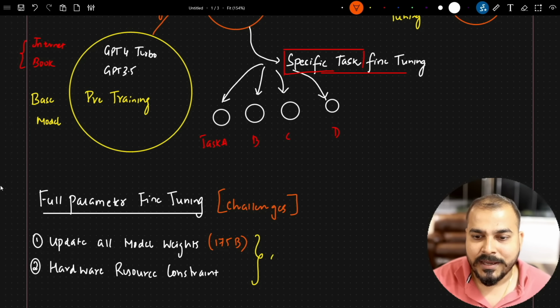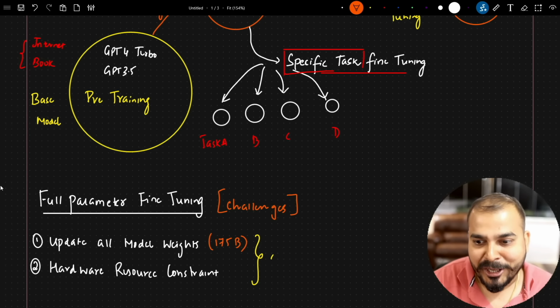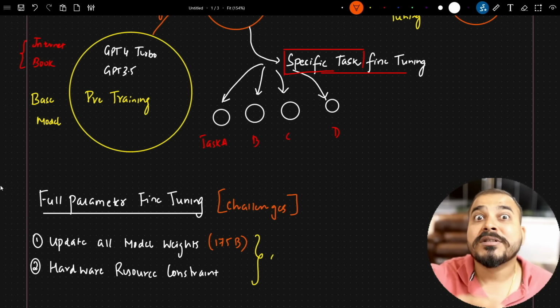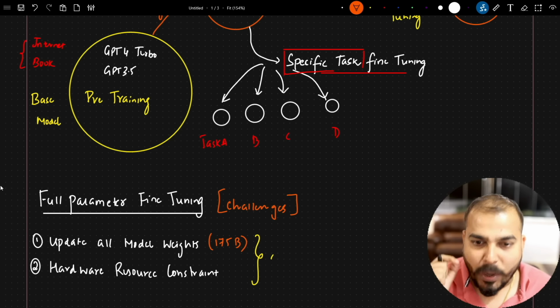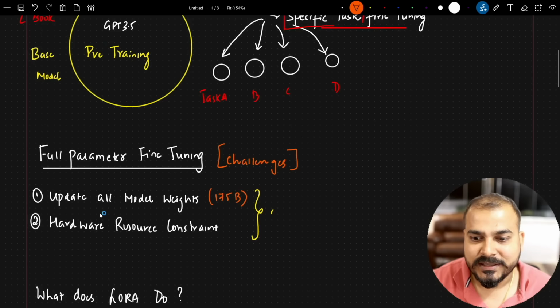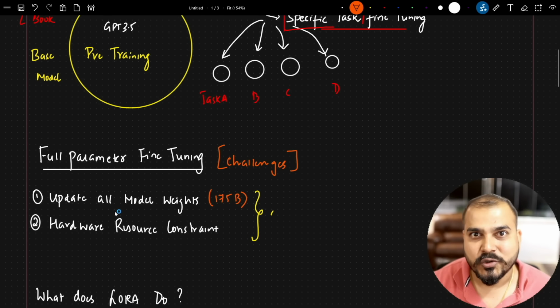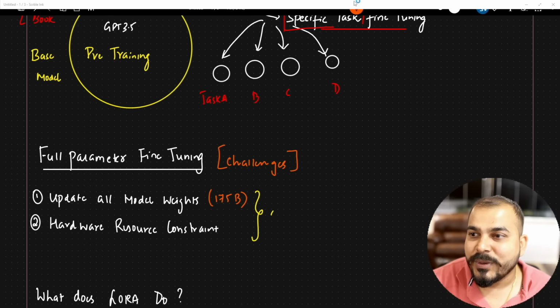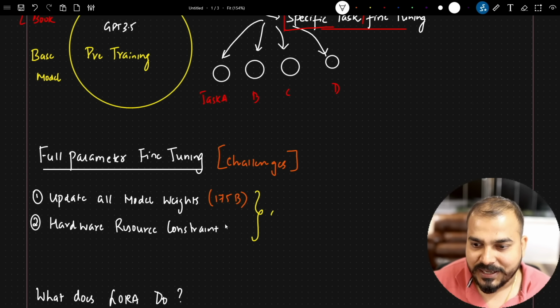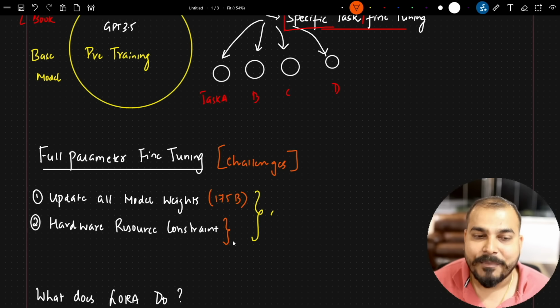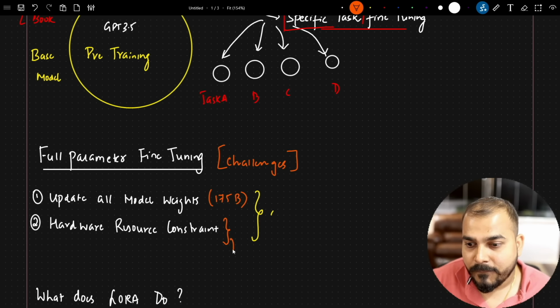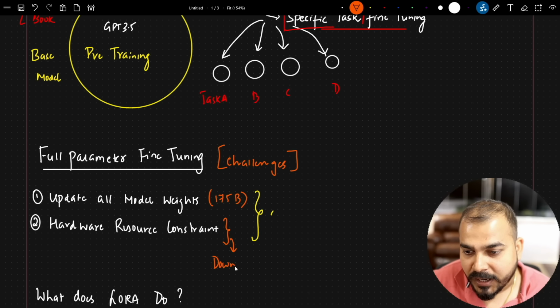Now, when I'm saying updating all the model weights, and when we talk about this many parameters, why can it be a challenge? Because there will be hardware resource constraints, right? With respect to different tasks, if I really want to use this particular model, that much RAM I require for inferencing, that much GPU I require. So for downstream tasks, it becomes very difficult.